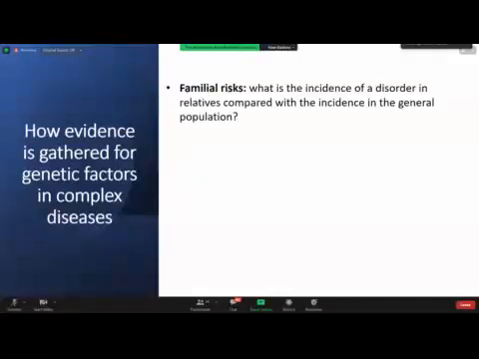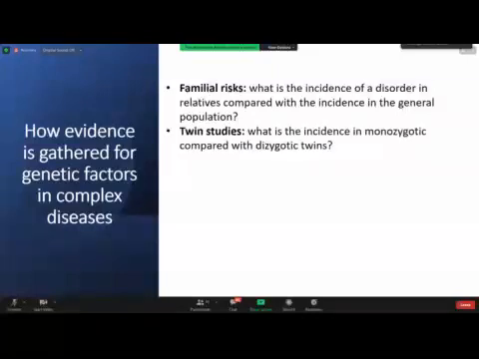So we get it from the familial risk. So एक relatives के दरमियान में उस genetic condition का कितना risk है? ट्विंस स्टडी से हम लेते हैं, मोनोजाइगोटिक ट्विंस जिनका कंप्लीट जीनोमिक पैकेज सिमिलर है, but still if the disease they are having is not similar, then it might be that something is coming from the environment.